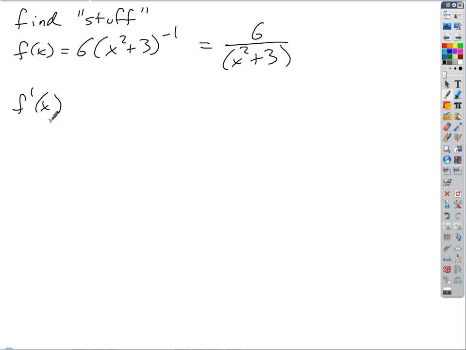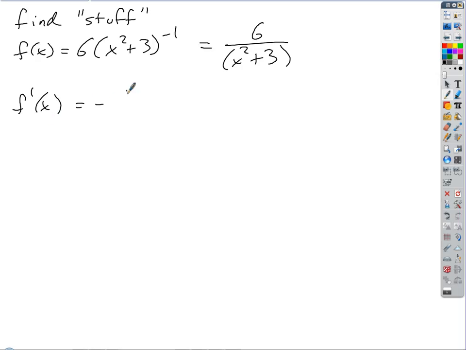Okay, but we've got some stuff going on here. I've got a constant 6 out front. At the outer level, what kind of rule do we follow here? We don't need a product rule because 6 is a constant. We just use the power rule, right? So we have x squared plus 3 to the -1. The derivative of that is negative x squared plus 3 to the -2.